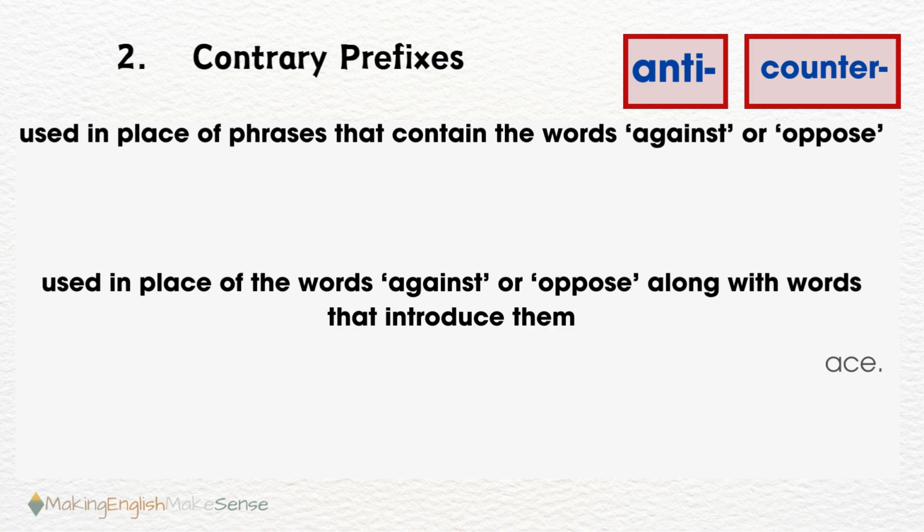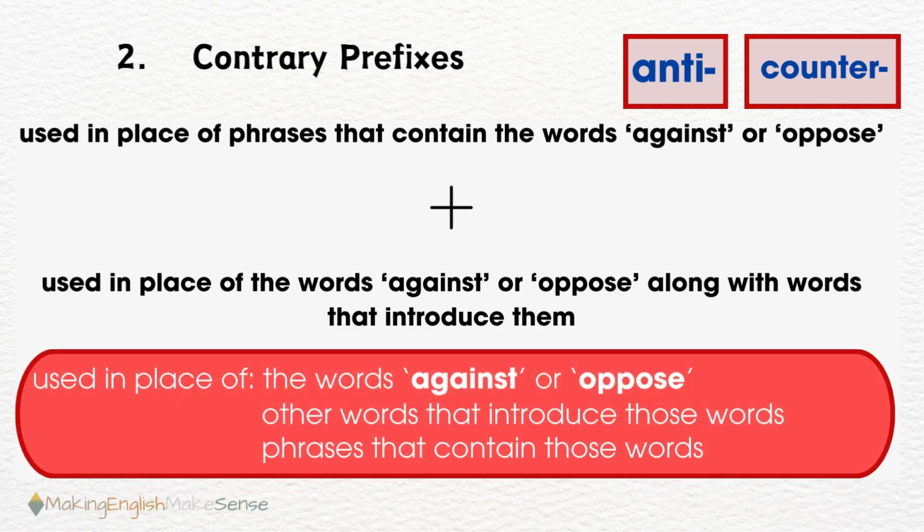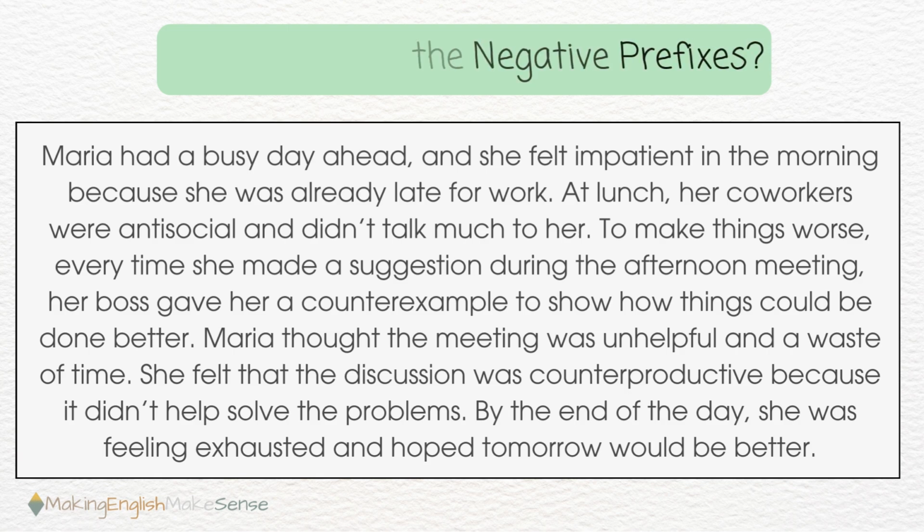We can combine both of these functions and summarize that contrary prefixes can be used in place of the words against or oppose, other words that introduce the words against or oppose, or phrases that contain the words against or oppose.